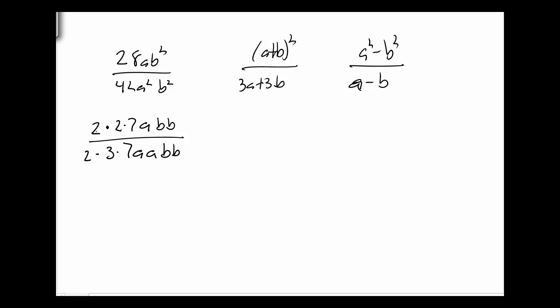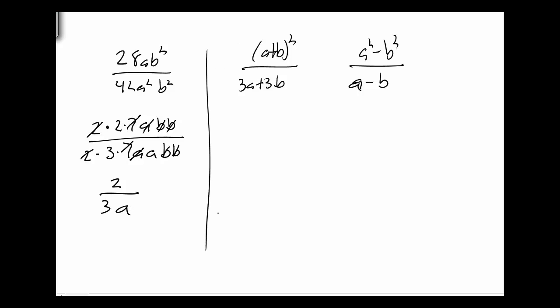Well, what do I notice divides out? I notice that the 2's divide out, the 7's, I got an a, and both b's divide out. And what are we left with? We're left with 2 over 3a. So that would reduce down to that.